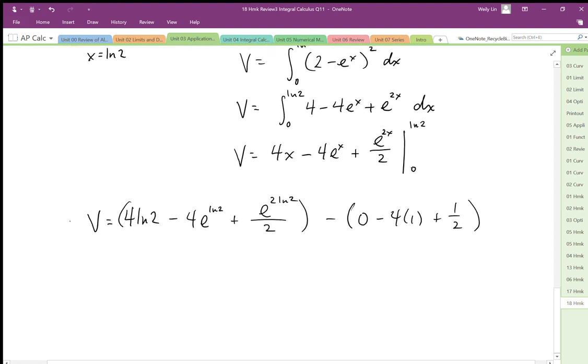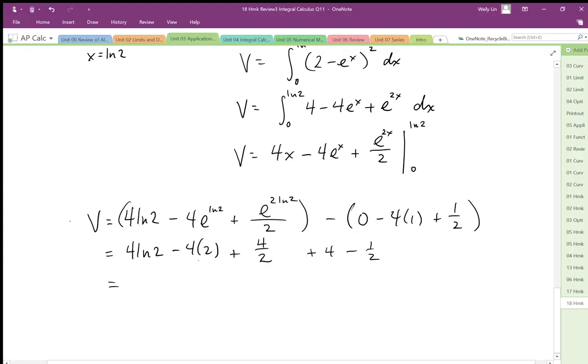Okay, and then I can just simplify that expression. This becomes 4 log 2 minus 4 times 2. This is going to become e to the log 4, so this becomes plus 4 over 2. And then minus, this is going to be minus 4 plus 1/2.